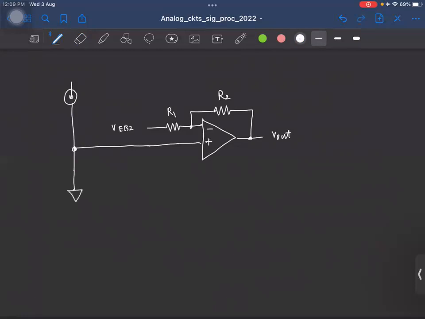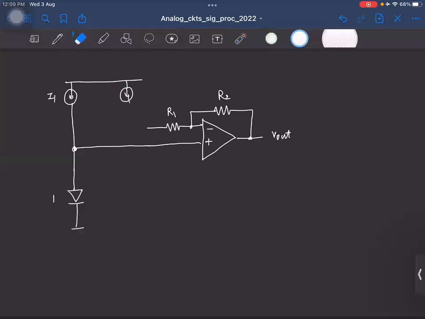Down. Okay, this is one diode. Now VEB2, this is the forward bias drop of n parallel diodes. And according to our definition, we need to pass the same current through those n diodes as well, right? So we'll have the same current source. Okay, so let me erase this.